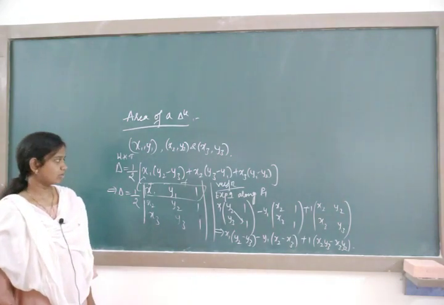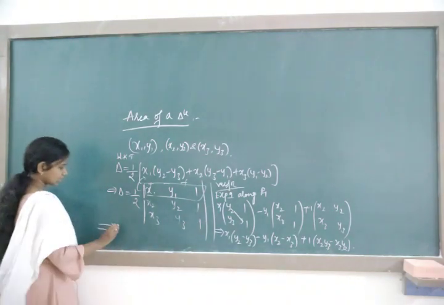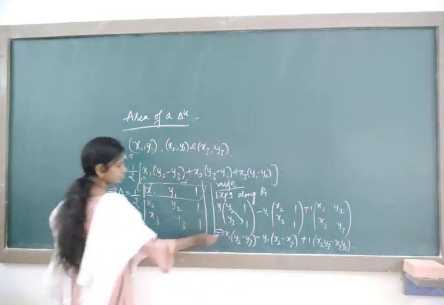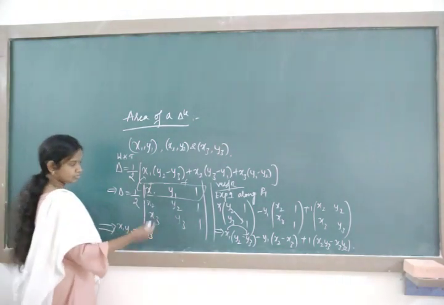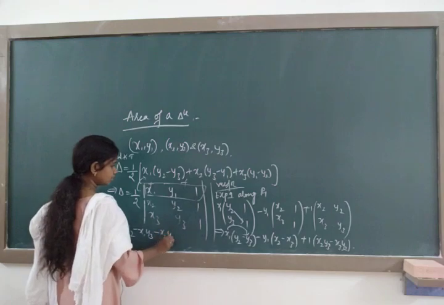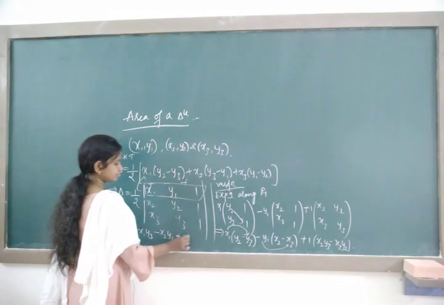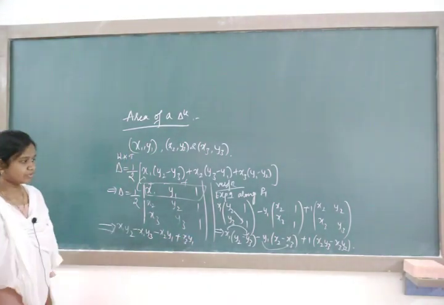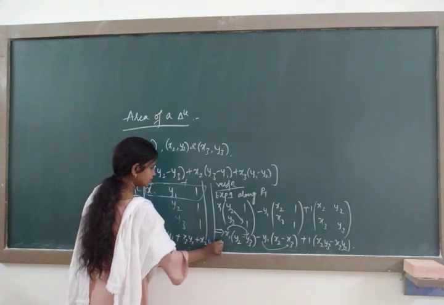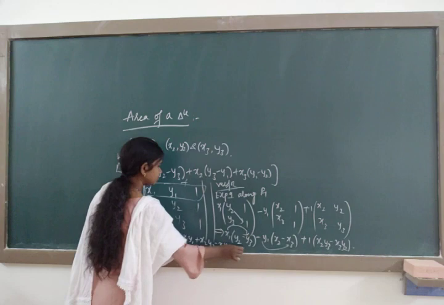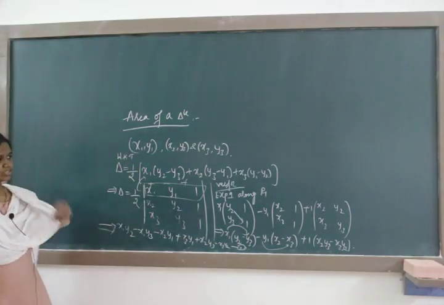So this is the value we got. Therefore, if you multiply x1 inside, it will be x1 y2 minus x1 y3. Next will be minus x2 y1, minus into minus plus x3 y1. Next will be plus 1 into x2 y3 minus x3 y2. Call it equation 2. Now what is equation 1? This is equation 1.